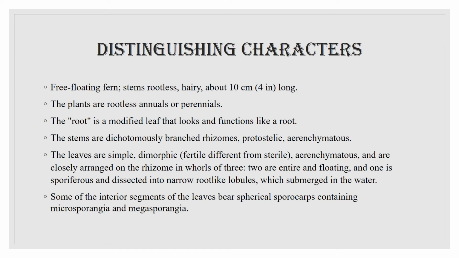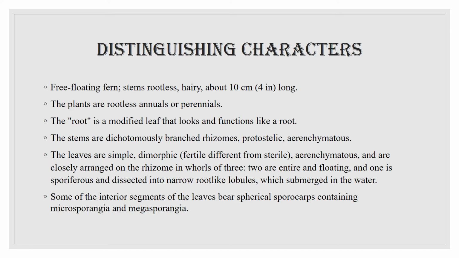Next are the distinguishing characters of the family Salviniaceae. It is a free-floating fern. The stems are rootless, hairy, about 10 centimeters or 4 inches long. The plants are rootless annuals or perennials, and the root is a modified leaf that looks and functions like a root.